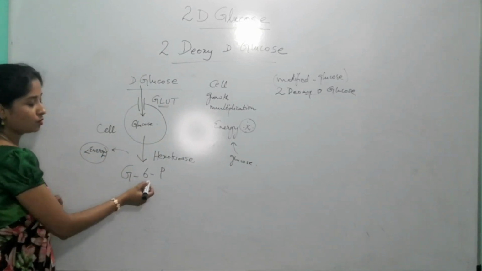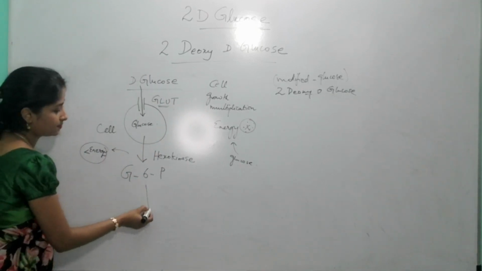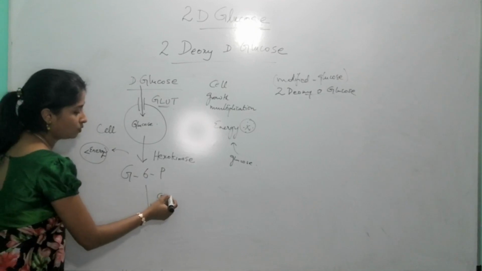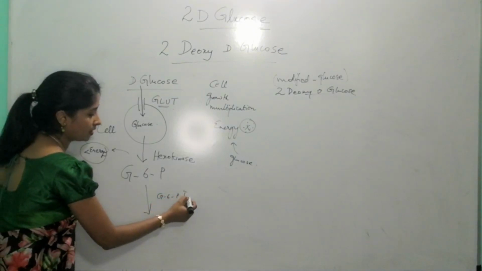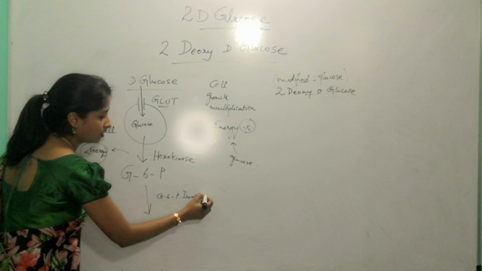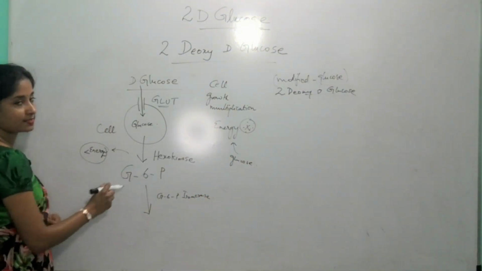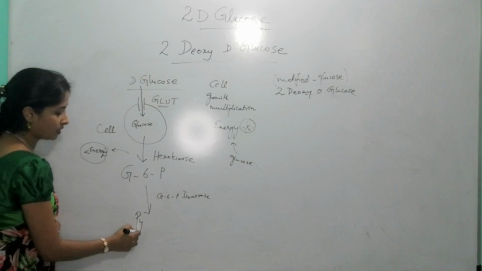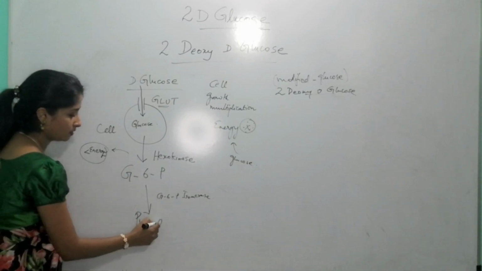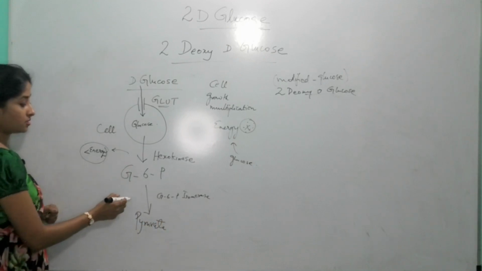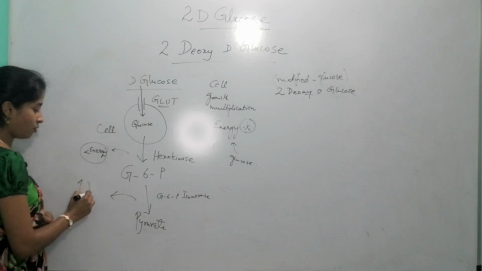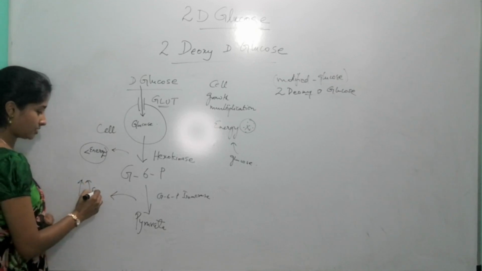And the glucose 6-phosphate is then acted upon by glucose 6-phosphate isomerase. It's an enzyme which acts on the glucose 6-phosphate to get a product called pyruvate. During this process, a greater amount of energy is released.